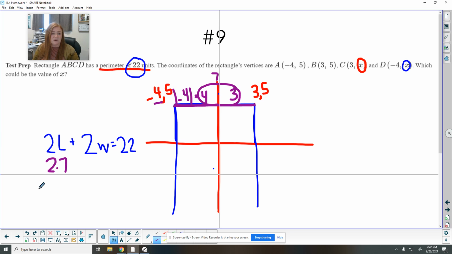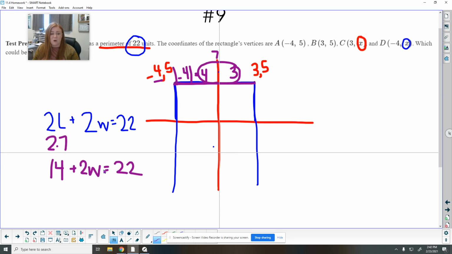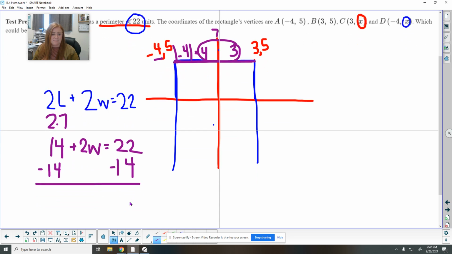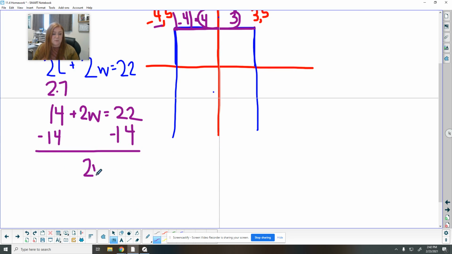So we need to figure out 2 times 7 is 14 plus 2 W's equals 22. We need to get W all by itself. So the opposite of adding 14 is to subtract 14. So go ahead and do 22 minus 14. So we're left with 2 W's equals 8.